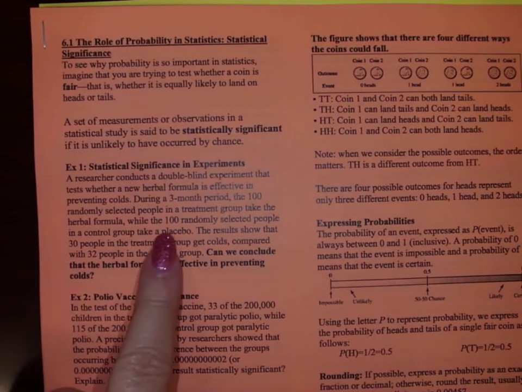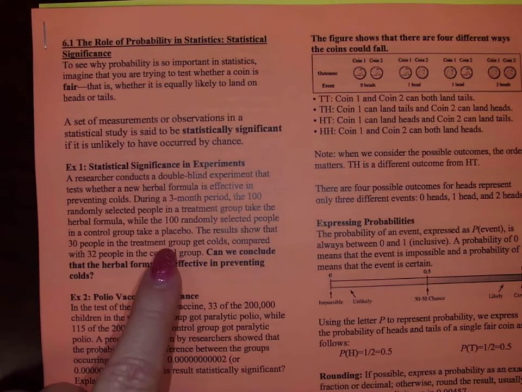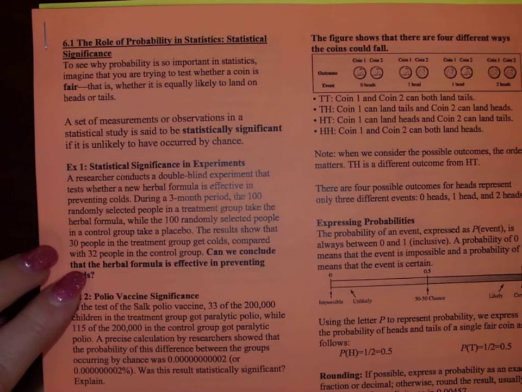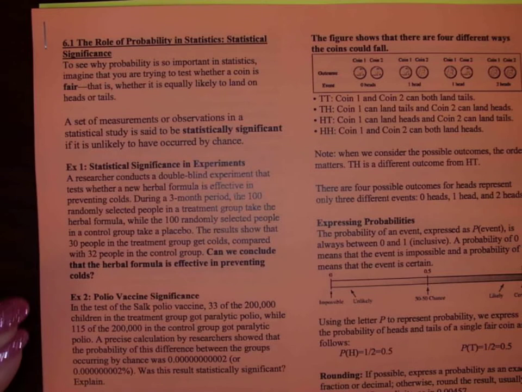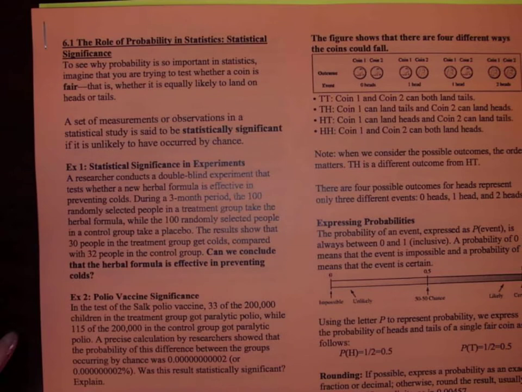You have 100 people in the control group that got a placebo and 100 people in the treatment group. Well, 30 and 32 of them got colds. That's so close that you can't say the herb was effective; it's just too close.